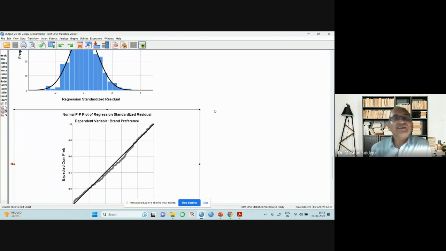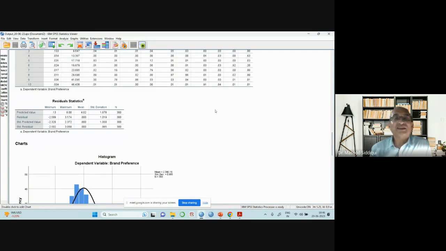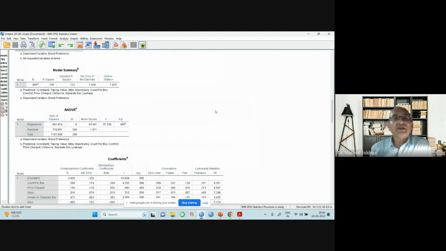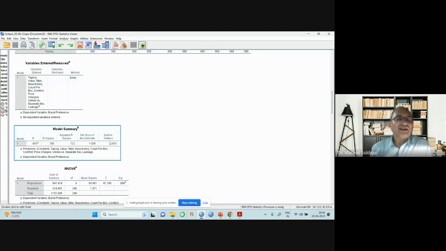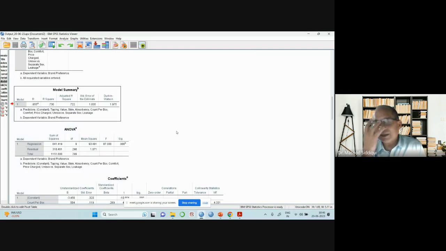Now, the second assumption is related to autocorrelation. Here we are interpreting the Durbin-Watson statistic, though there are better measures than Durbin-Watson, but just to have an elementary idea of the presence of autocorrelation. Obviously, this is cross-sectional data, so we are not expecting autocorrelation here.